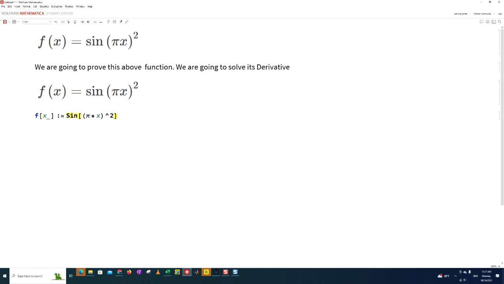So I press shift enter, and I say f prime, so f and then the prime sign, of x, with brackets, and then shift and enter.